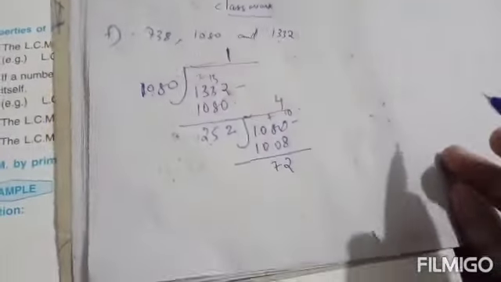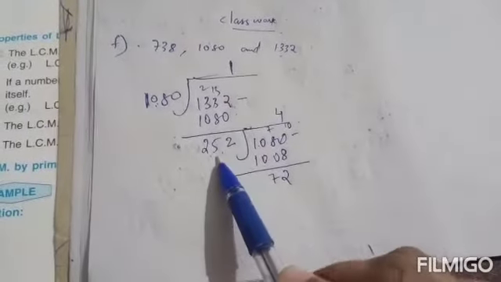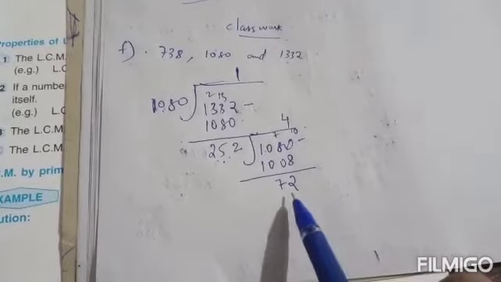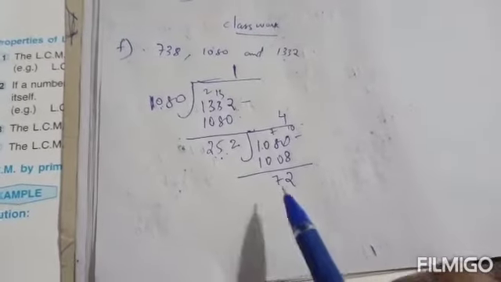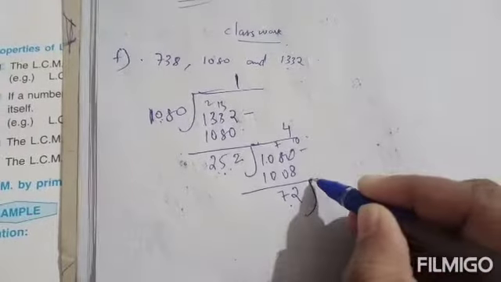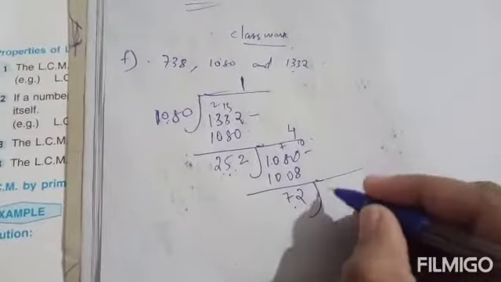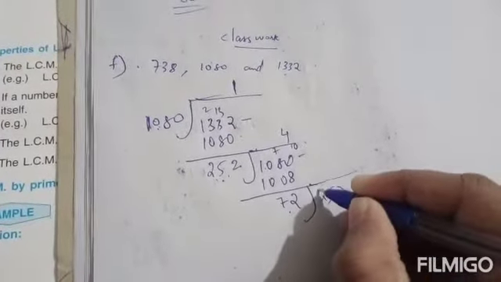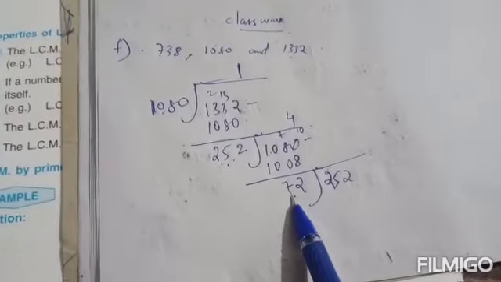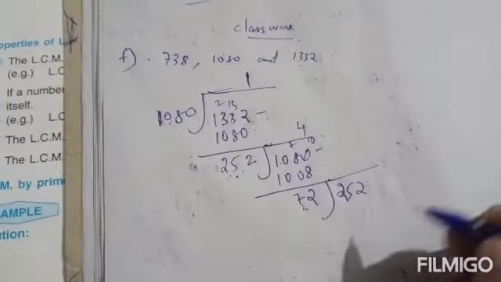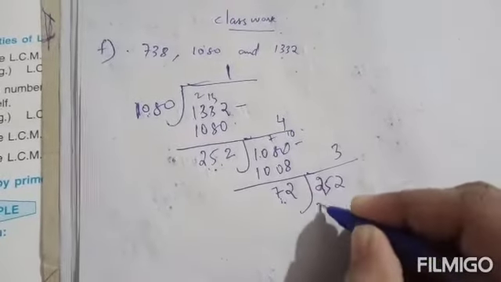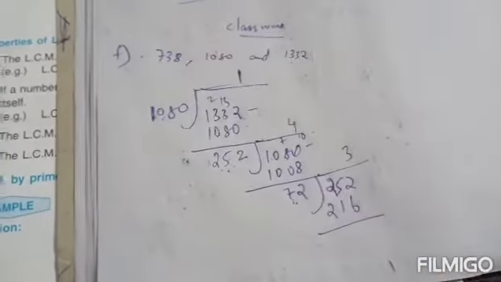72. Okay, now the last divisor will become the dividend and the last remainder will become the divisor. So 252 we can divide by 72. So what you will get? 72 into 3, it is 216.